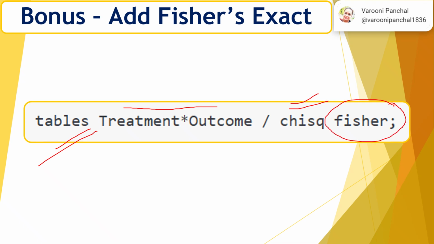If you want to compare the chi-square and the Fisher test in parallel, even though the cell count is not less than 5, you can still use both options and get the result. If you don't want the chi-square and want only Fisher, for example when a cell count is less than 5, you can use that too, or you can use them together. You can try it out practically if you have access to your SAS academic version.